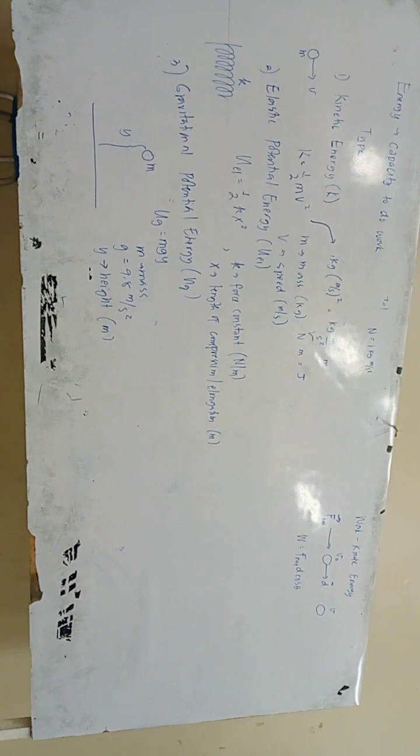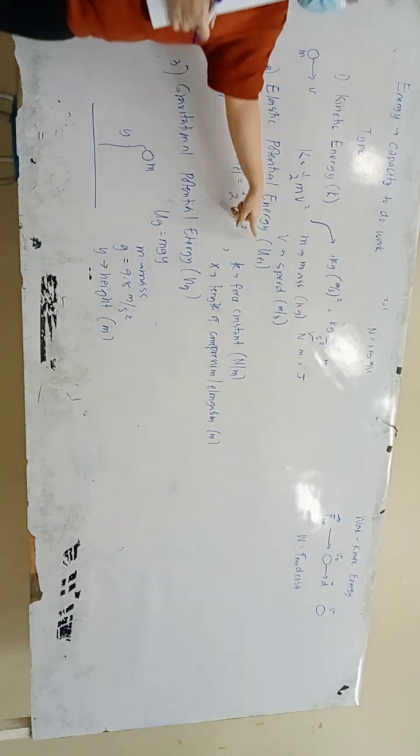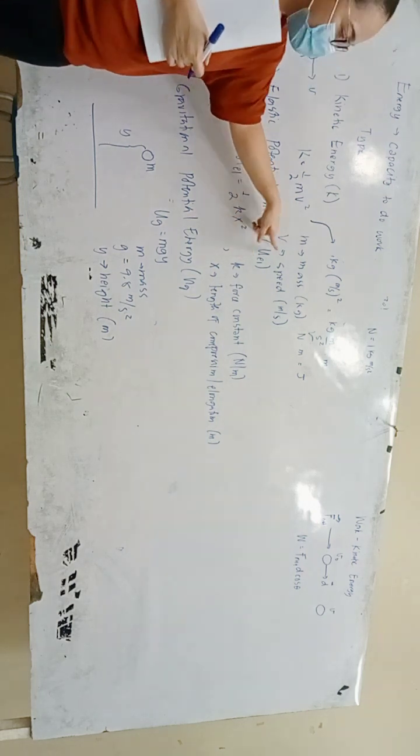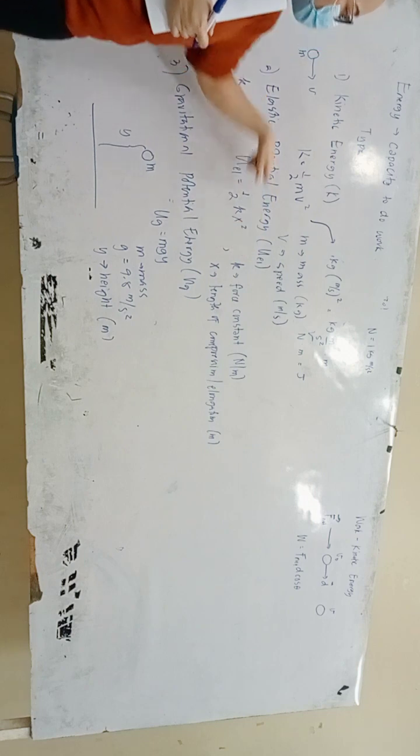So, elastic potential energy. Potential energy is denoted by big letter U. There are two types of potential energy, elastic and gravitational. For the elastic, we place a subscript EL, so U sub EL for the elastic potential energy. It's the energy stored by a spring.